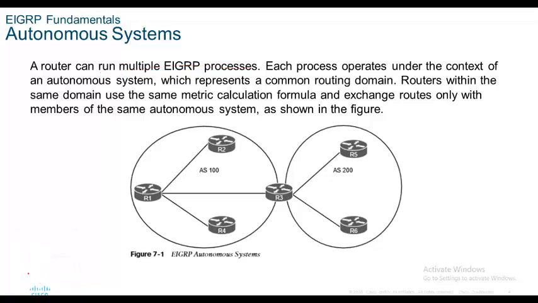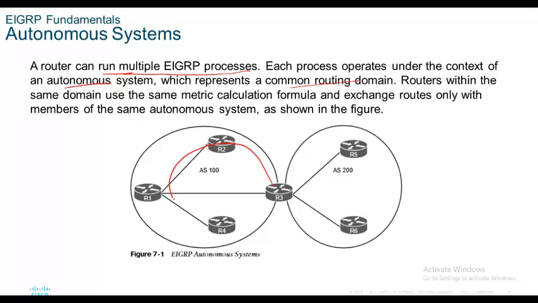Each EIGRP is identified with an autonomous system number. That is the common routing domain. So between these four, there is a common routing domain. Between these three, another common routing domain. That is what autonomous system means. Autonomous system is a group of routers with a common routing domain.